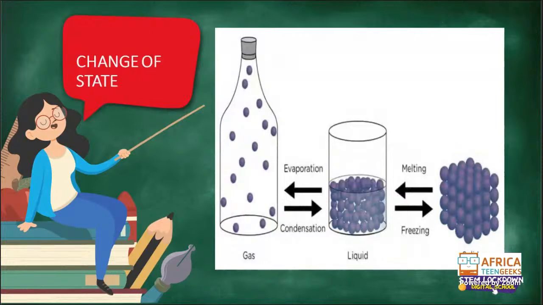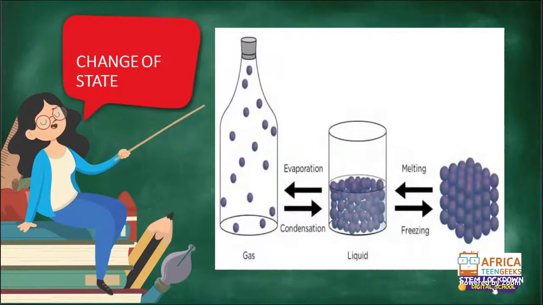Now we can go on to the down arrow. So the inverse of heating will be what? Cooling. Now what happens is that if we have these gas particles in the container we are seeing, then we start decreasing the temperature. Then the gas molecules or the vapor will tend to condense. So that process is called what? Condensation.